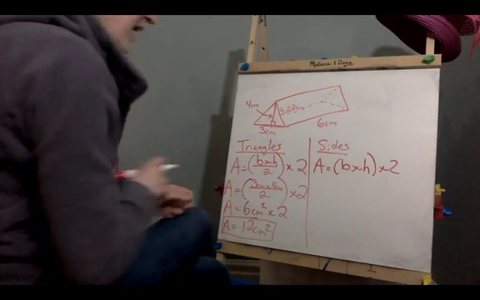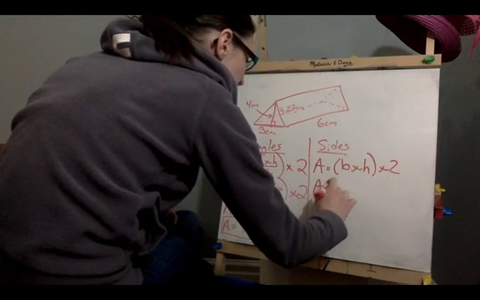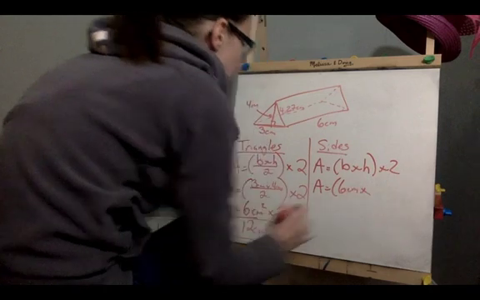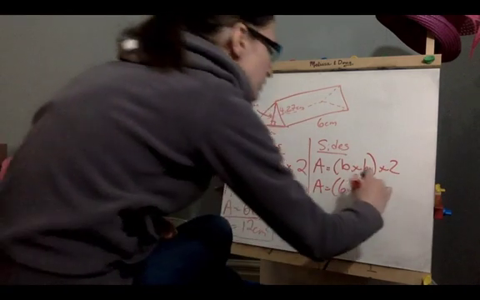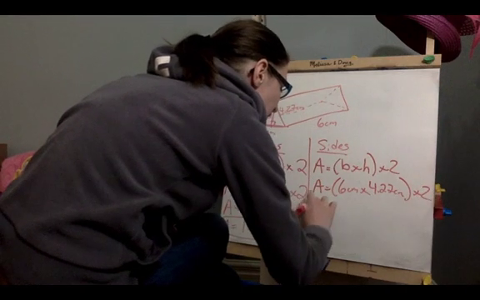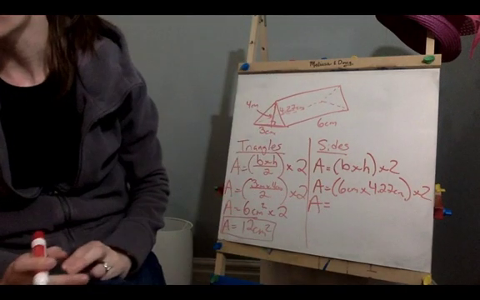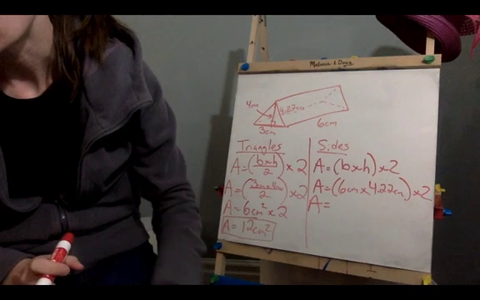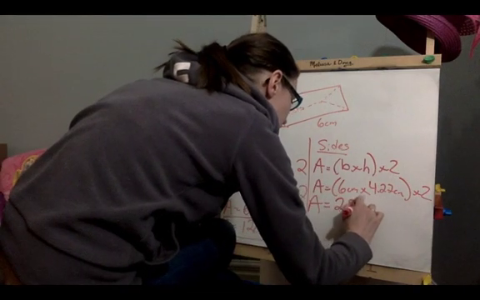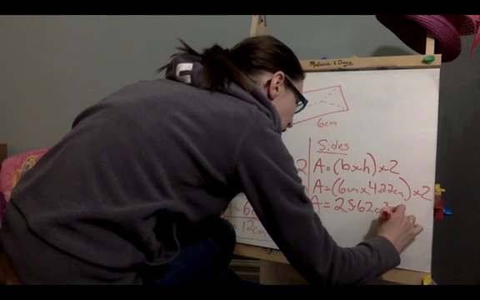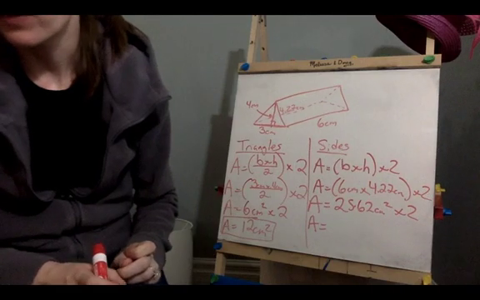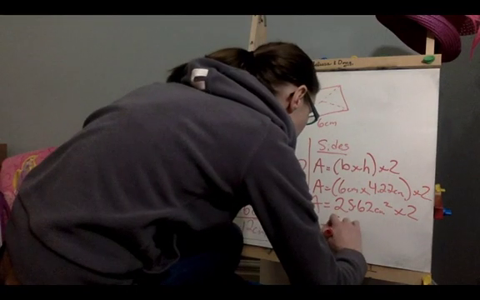So because of that, I can take my base of 6, multiply it by my height there of 4.27, and then once I get that value, I'll double it. So when I multiply those together, I get an answer of 25.62 centimeters squared. And then I double it. And when I do that, I get a value of 51.24 centimeters squared.